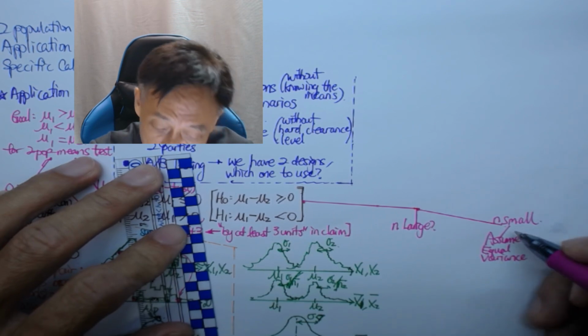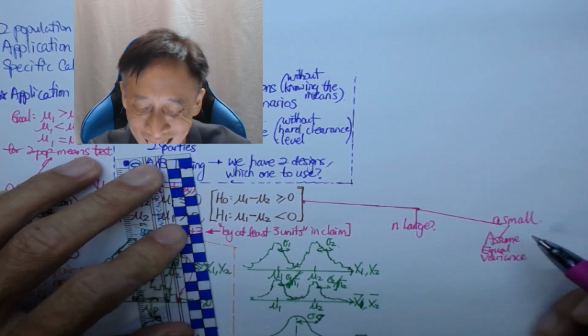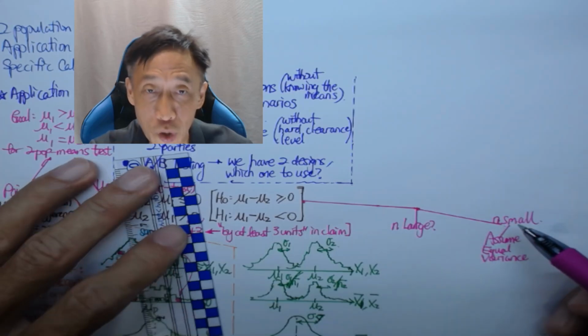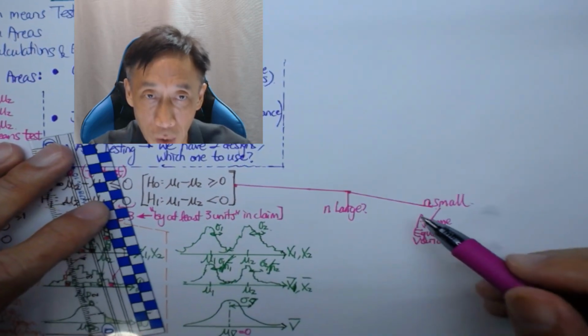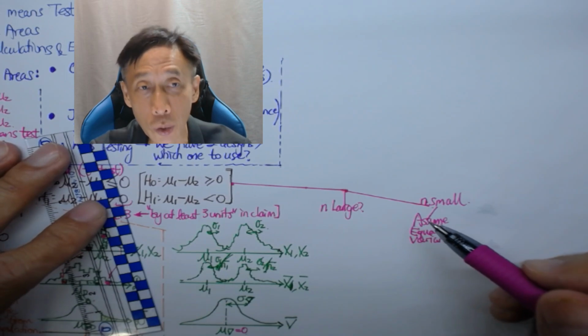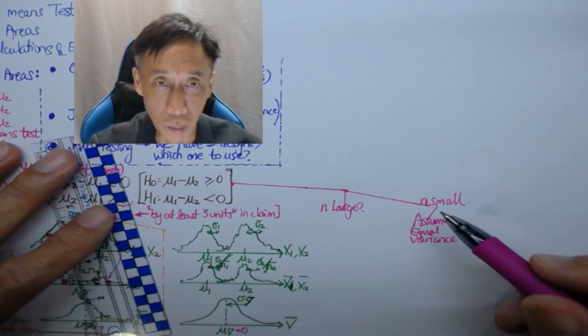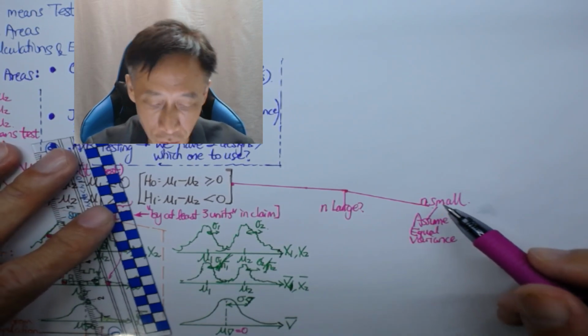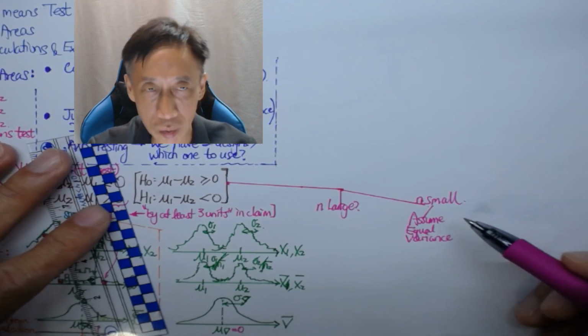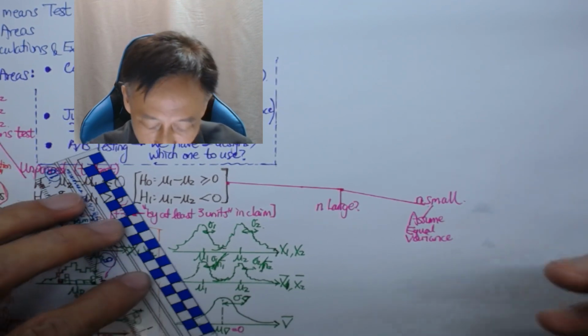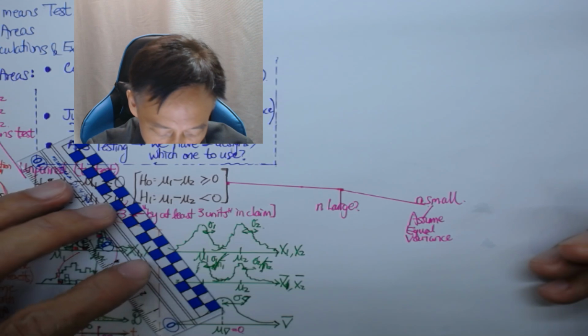Remember that n is small, sample size is small. When I say n, you might be wondering which n am I referring to, right? Is it n1 or n2? Both. We are not going to distinguish, like n1 small, n2 is large. Just treat them as the same order of magnitude.